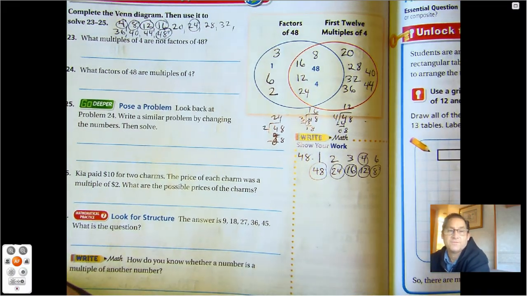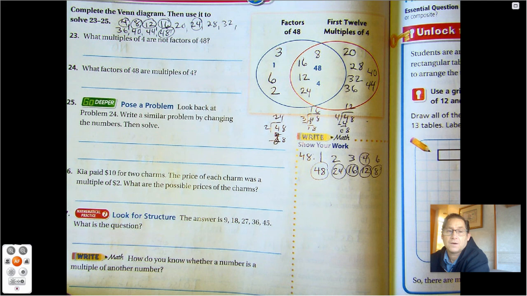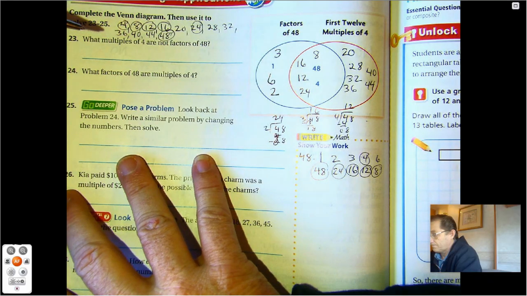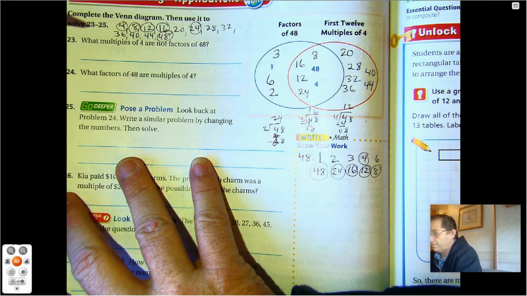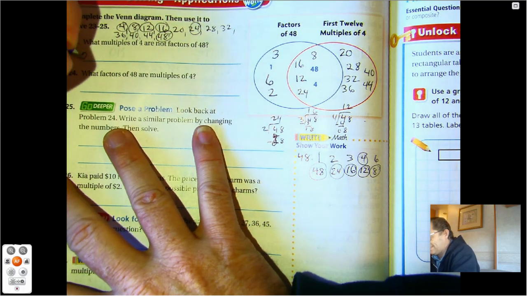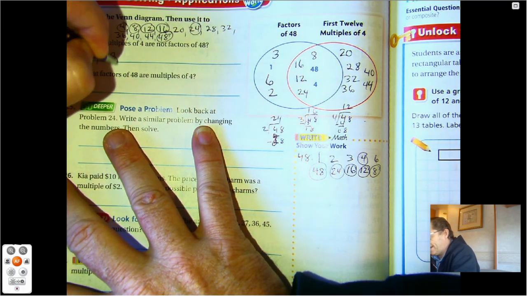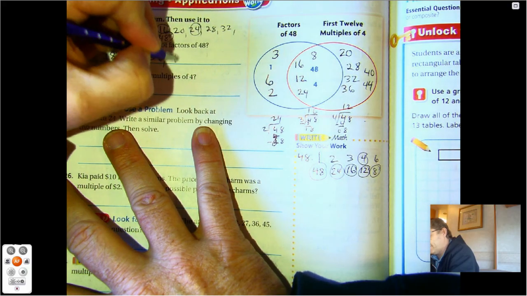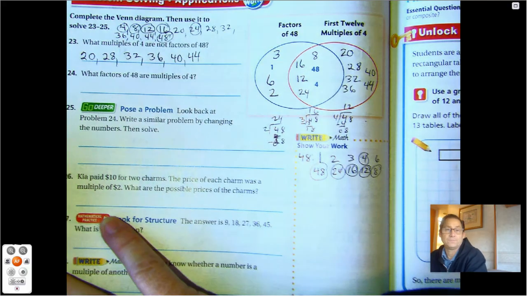So which multiples of 4 are not factors of 48? So that would be 20, 28, 32, 36, 40, and 44.